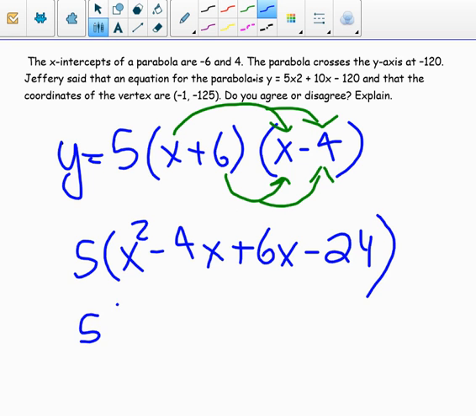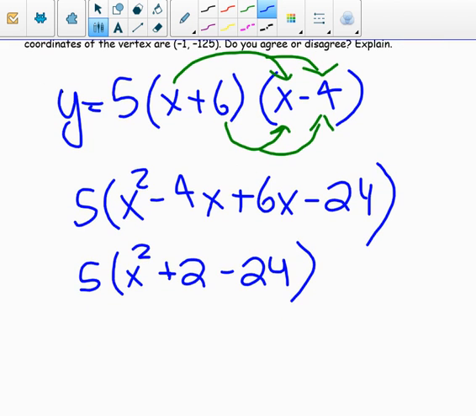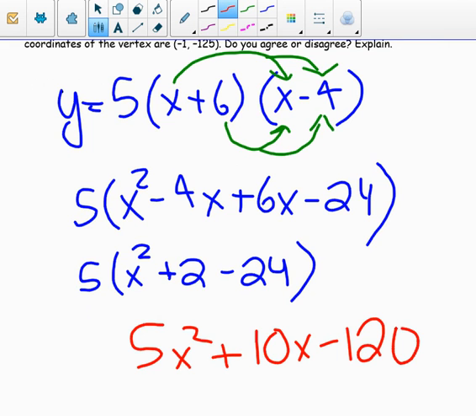So 5(x squared plus 2x minus 24). Now we distribute the 5 to every term in the bracket, so it becomes 5x squared plus 10x minus 120.